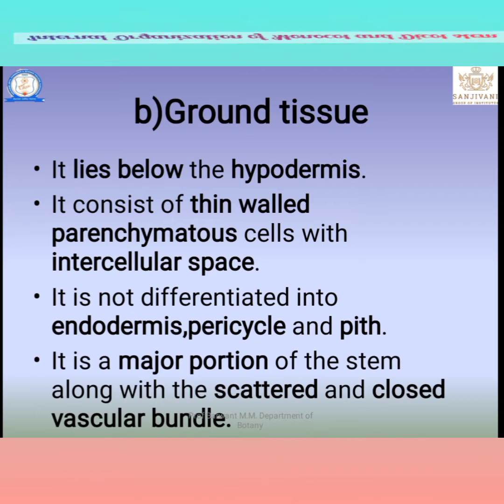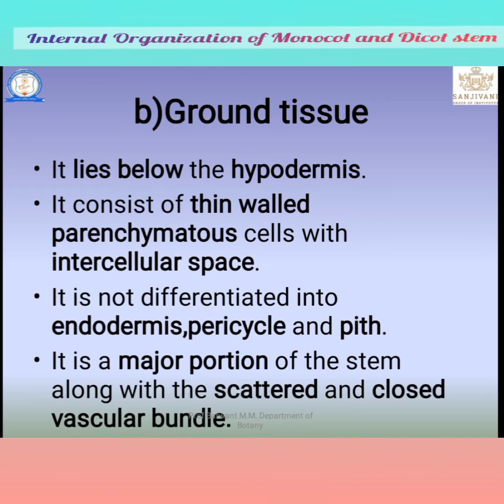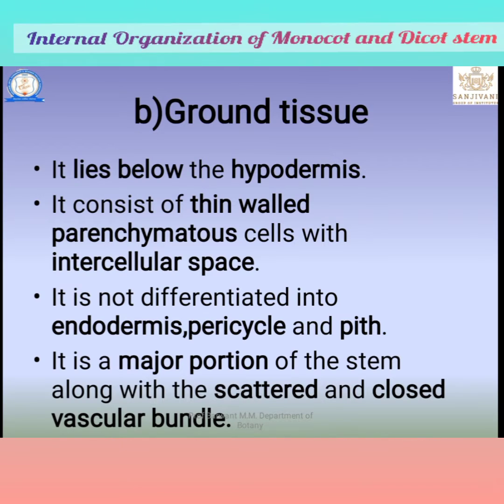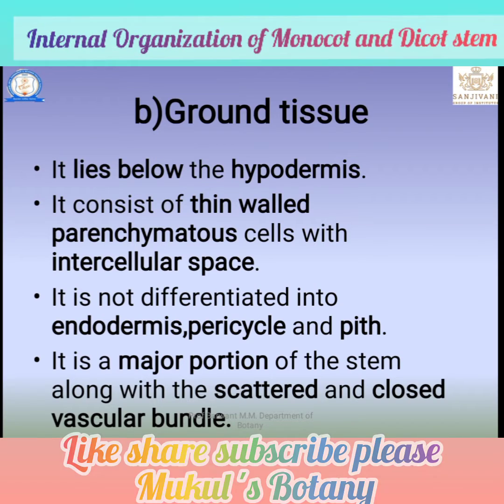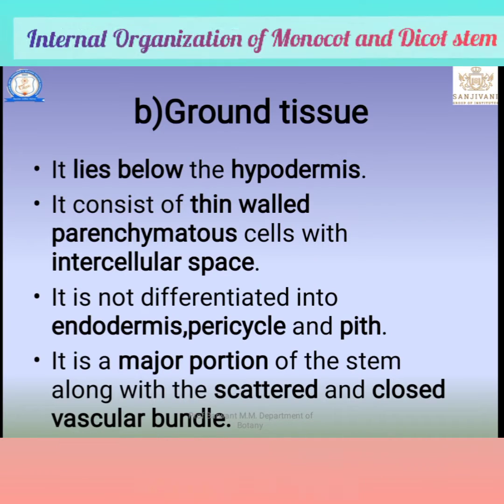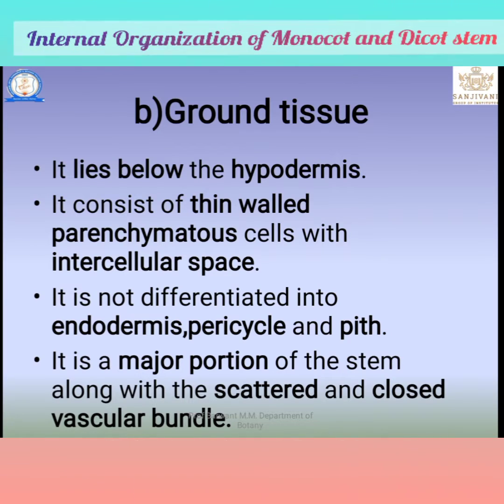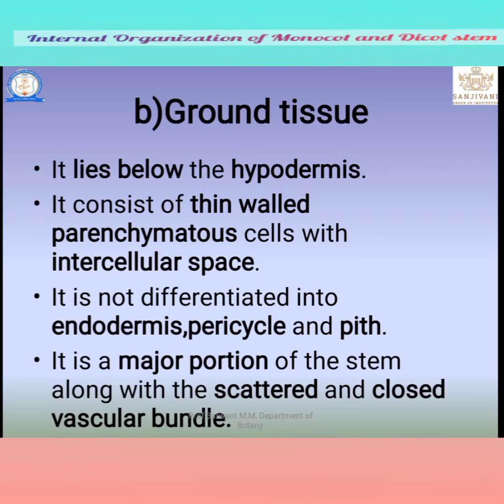Next, ground tissue. Below the hypodermis the general cortex is present, which is multi-layered and made up of parenchymatous cells with intercellular space. In a dicot it is differentiated into endodermis, pericycle and pith, but here the major portion of the stem has scattered closed vascular bundles. That is the character we also see in the vascular bundle, that is CCC.